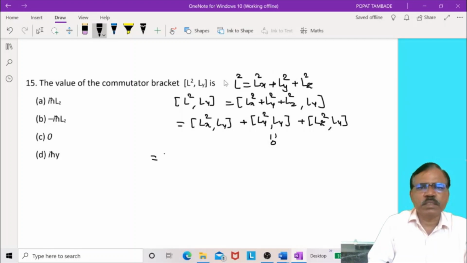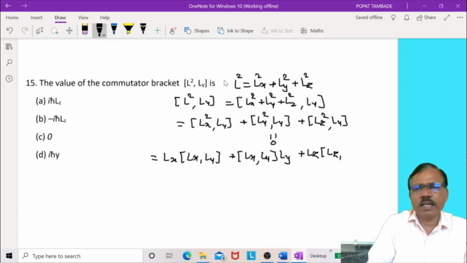So this first one we can write [Lx, Ly] Lx plus Lx [Lx, Ly] multiplied by Ly plus [Lz, Ly] Lz plus Lz [Lz, Ly] multiplied by Lz.